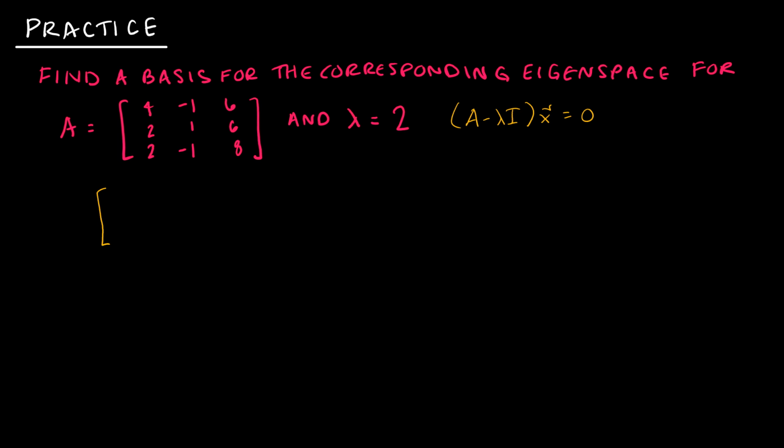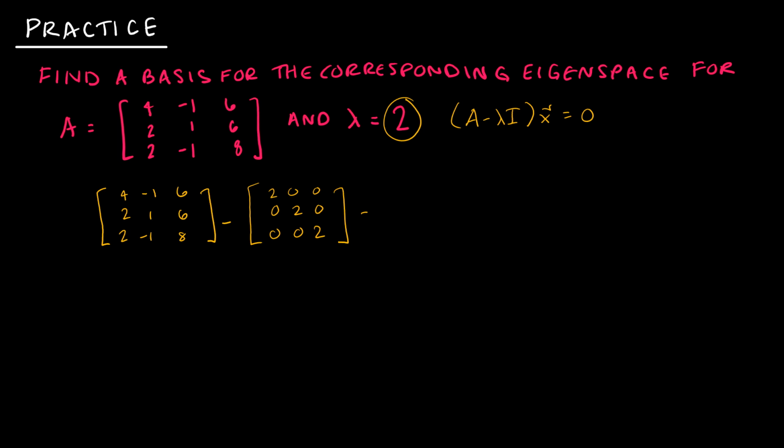In this case, that means for the matrix -1, 6, 2, 1, 6, 2, -1, 8, subtracting 2 times the identity matrix, so 2, 0, 0, 0, 2, 0, 0, 0, 2. Subtracting gives me 2, -1, 6, 2, -1, 6, 2, -1, 6.